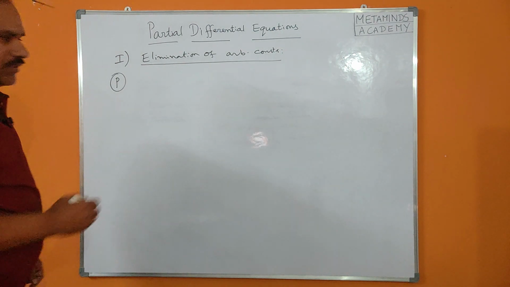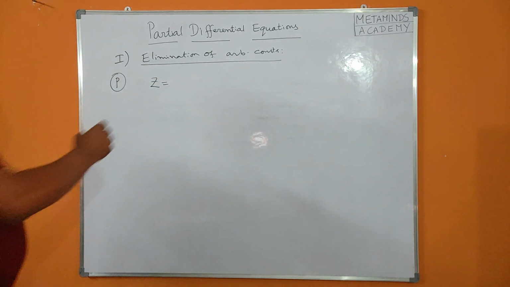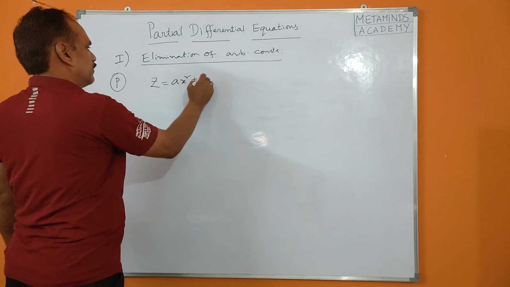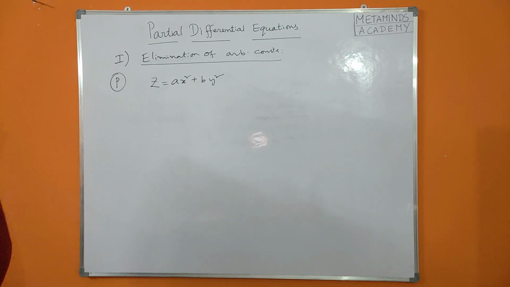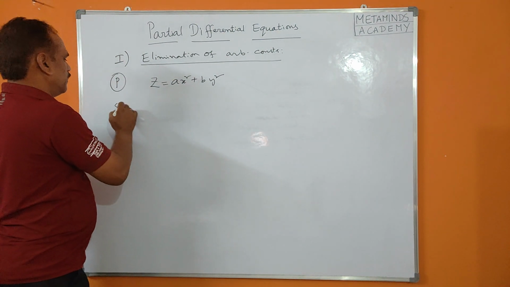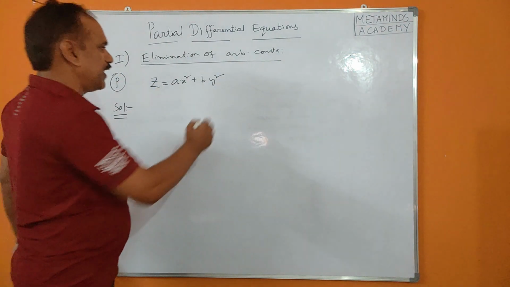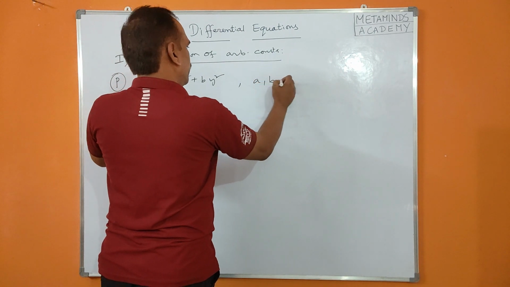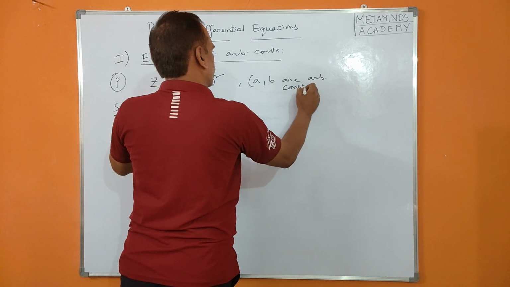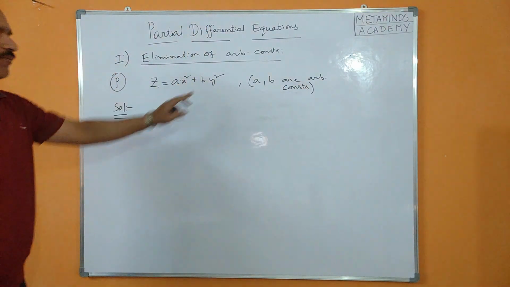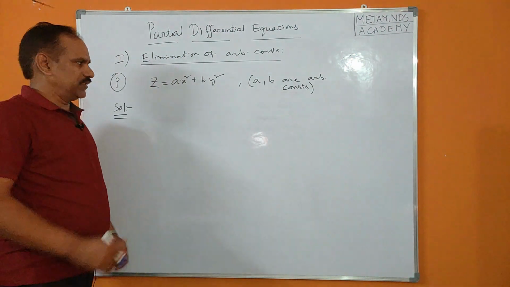Suppose you take z equal to a x square plus b y square. Our objective is to eliminate arbitrary constants. What are the arbitrary constants here? a, b are arbitrary constants here. So our objective is to eliminate these two constants.